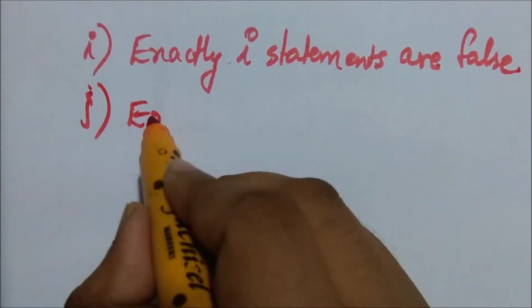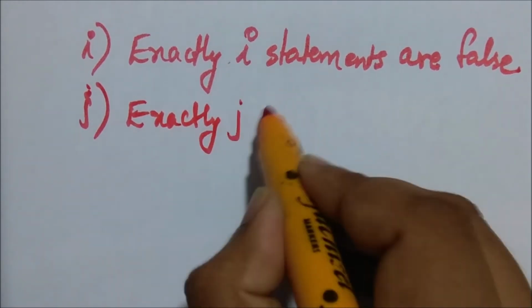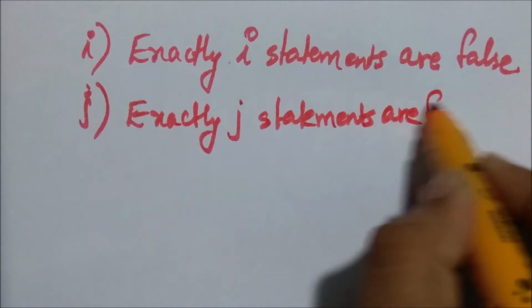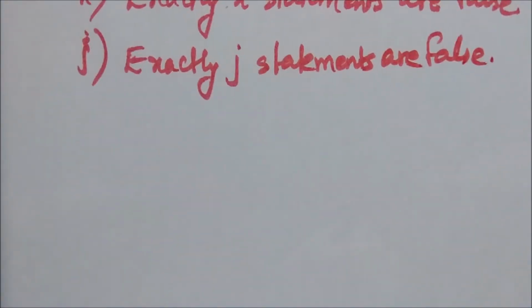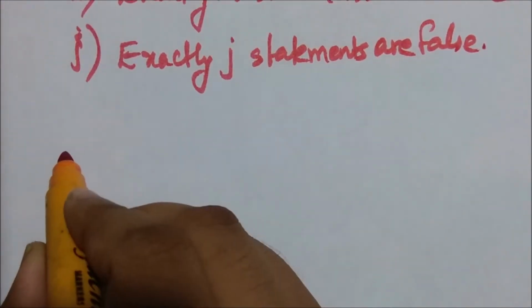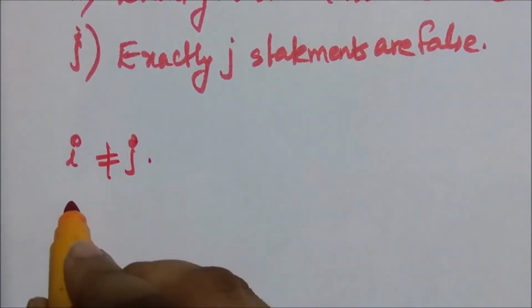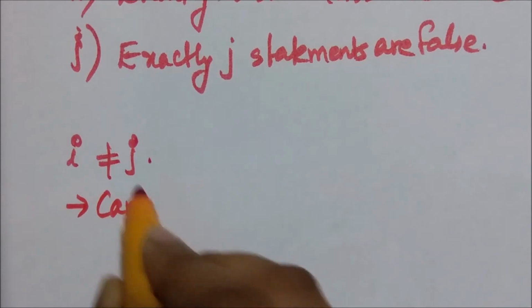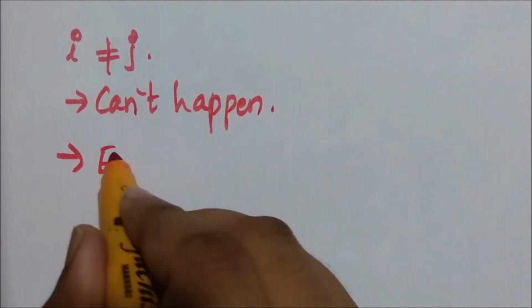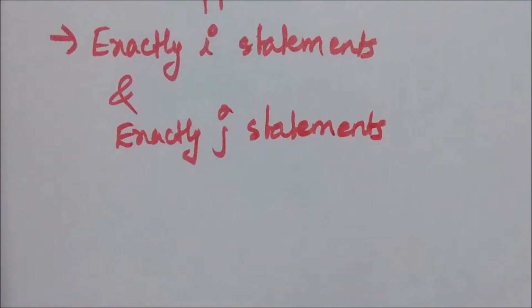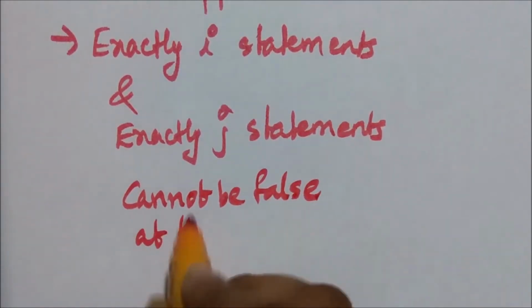The ith statement says exactly i of the statements in this list are false, and the jth statement says exactly j of the statements in this list are false. And i is different from j because they are all distinct. We can't have exactly i statements false and exactly j statements false when i is different from j. So that is impossible. So the initial observation is that at most one statement is true.